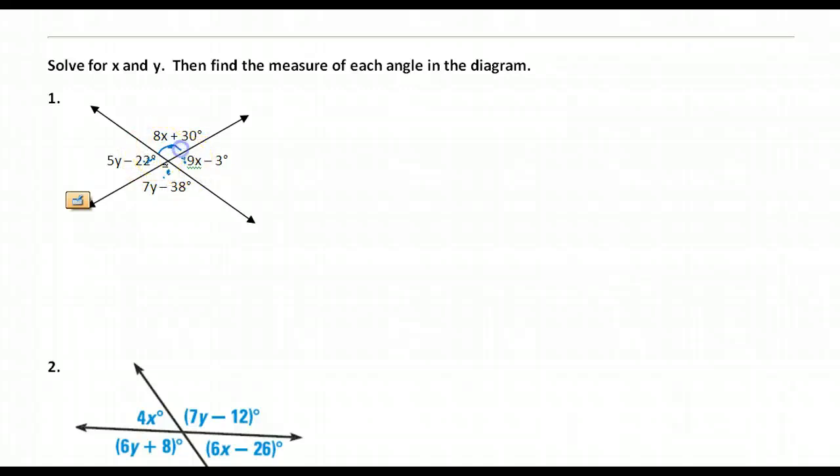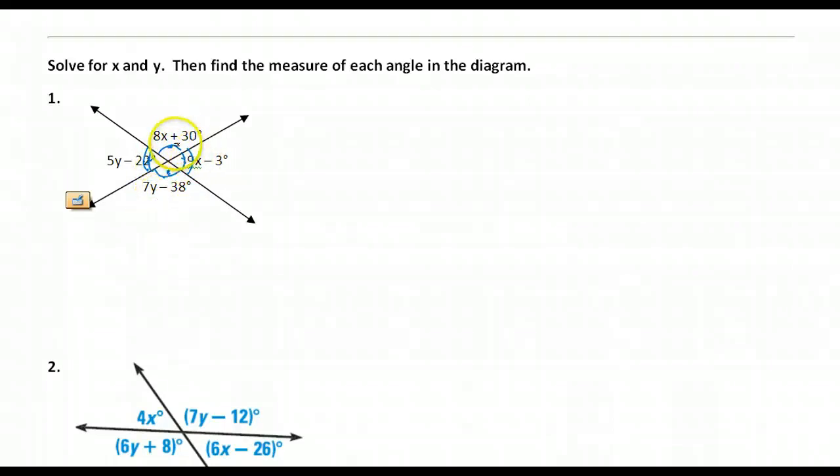So these two angles are congruent to each other and these two angles are congruent to each other. So if I look at the algebra, I could say that 8x plus 30 equals 7y minus 38. Unfortunately, I'd be mixing x's and y's together, and I don't necessarily want to do that.